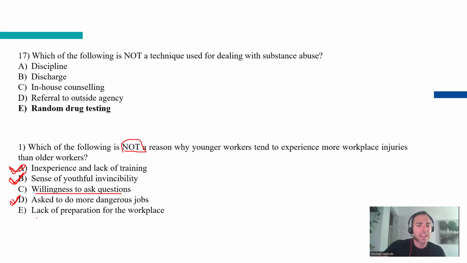A lack of preparation for the workplace. Yeah, perhaps they have other demands, if we're talking about younger workers, maybe somebody who's just out of school, maybe somebody who's got kids, things are busy, running around, so they're not as prepared for the workplace, and they might get injured on the job, something along those lines.